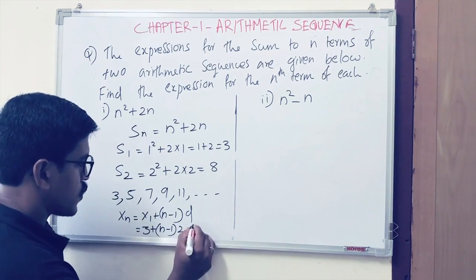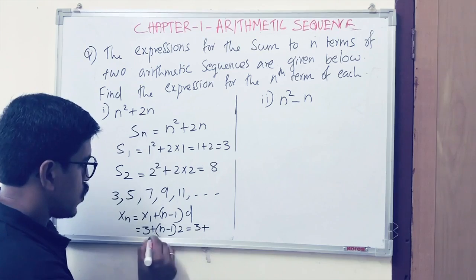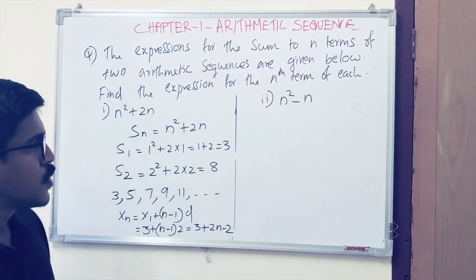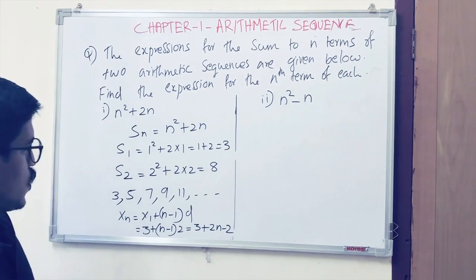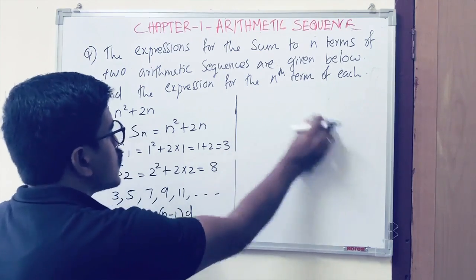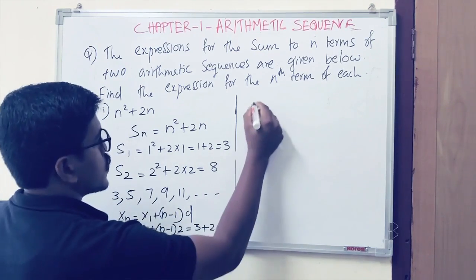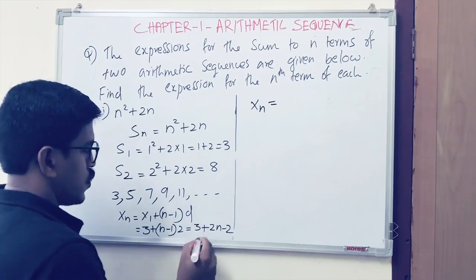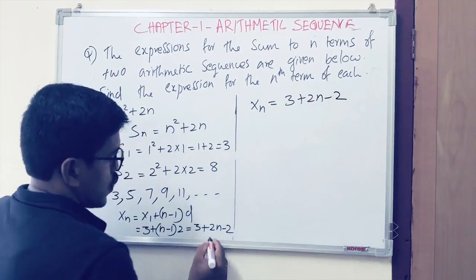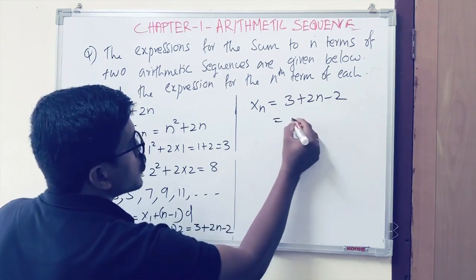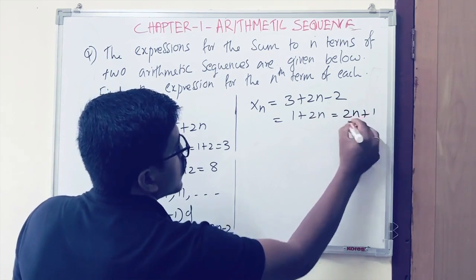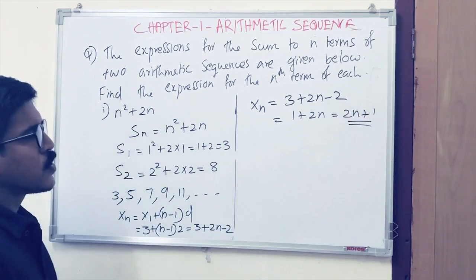That is 3 plus 2 into n, 2n minus 2 will come. So our answer is xn is equal to 3 plus 2n minus 2, that is 3 minus 2, 1, so 1 plus 2n, or 2n plus 1 we can write. Okay.